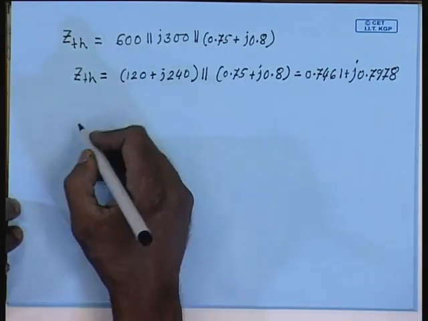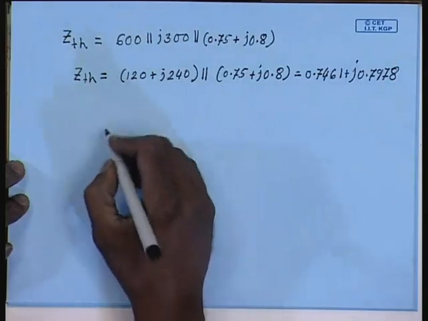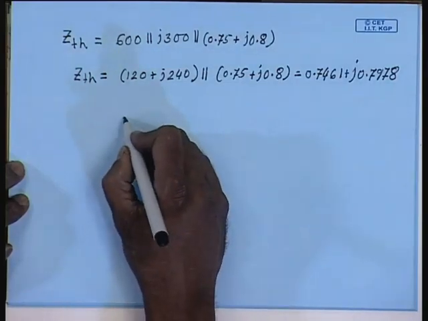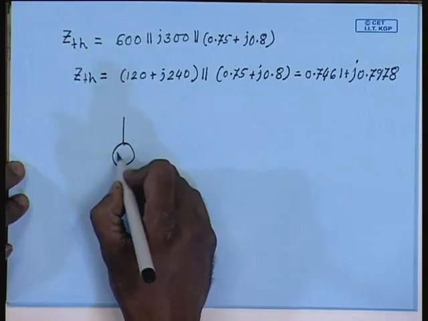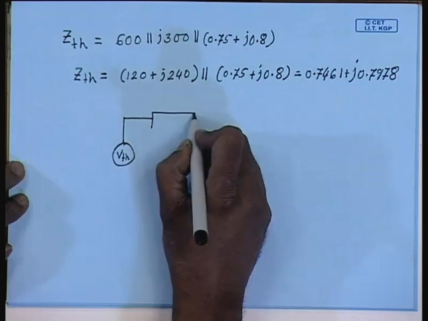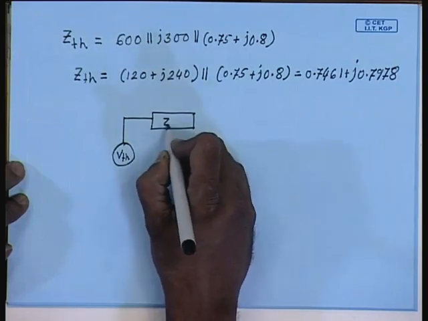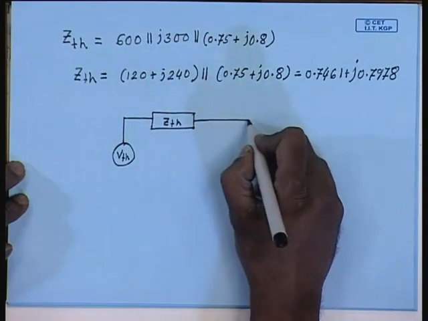So, what will be I2 dash in this circuit? Let us first see the Thevenin equivalent circuit. The Thevenin equivalent circuit becomes VTH in series with ZTH in series with rest of the circuit.